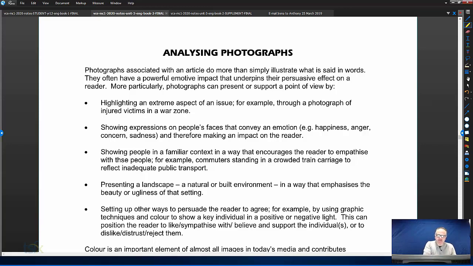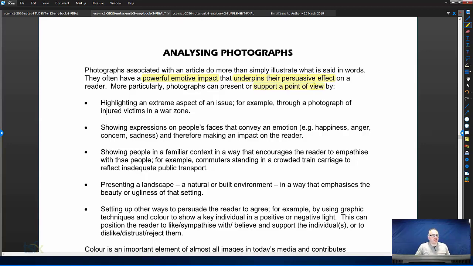And so it's really important to understand that they're selected because they have this powerful emotive impact. And they underpin or highlight other persuasive effects that are being used in the article. I think the idea that they are supporting the point of view is really important to understand.